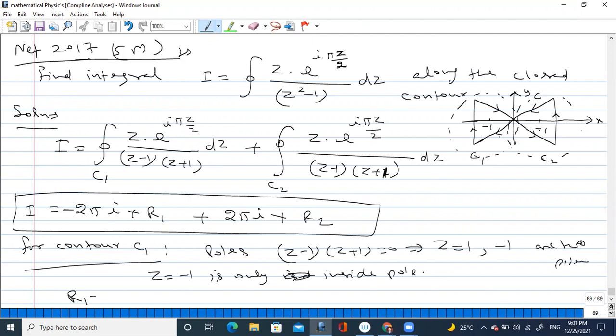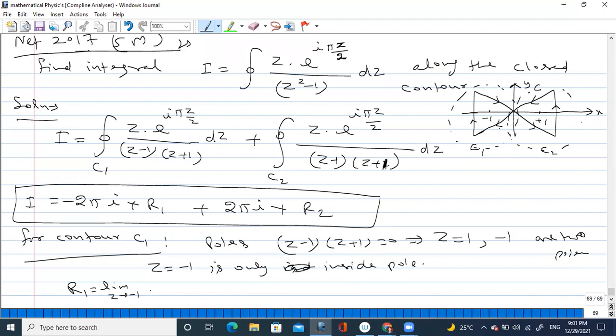So for that, R1 will be limit z tends to minus 1, (z plus 1) into f(z). f(z) means I have to write the complete function. Actually, I will take the next page. You first note down up to this much. In a congested page, you will be confused.